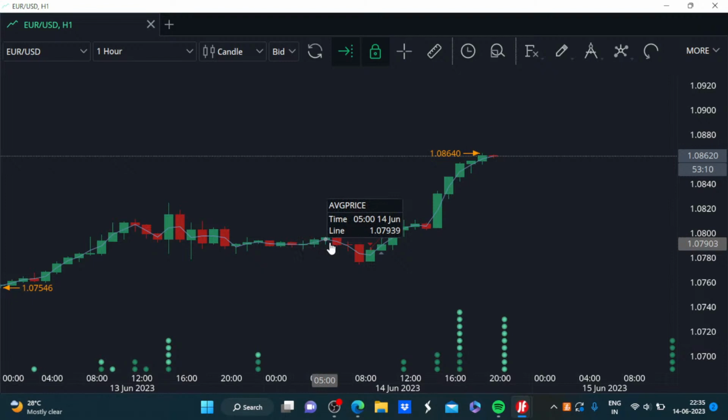And we had this narrow range prevailing for many hours. Then, as the European session began, we saw this downward momentum gaining strength, and here we had a drop of around 20-25 pips in the Euro USD.